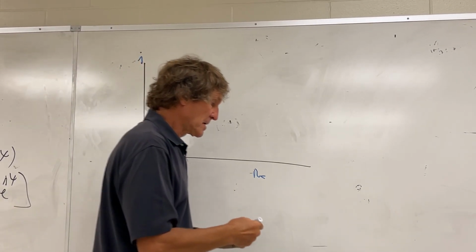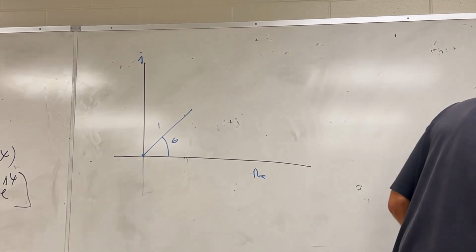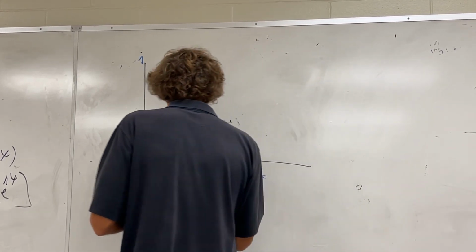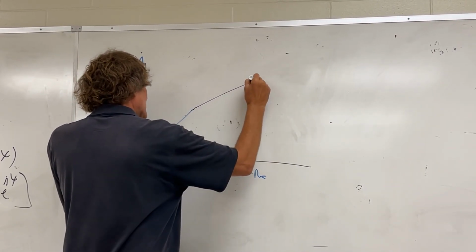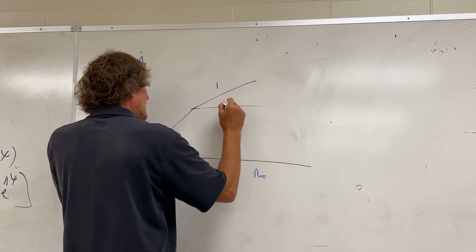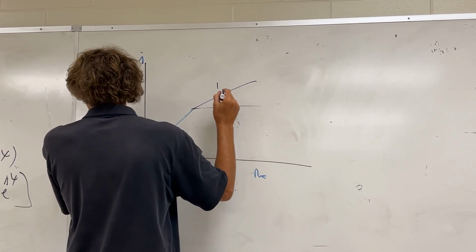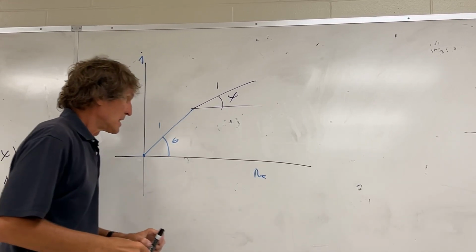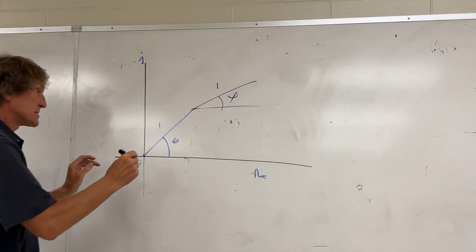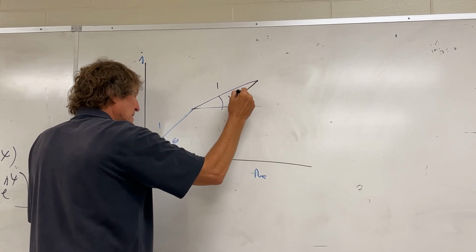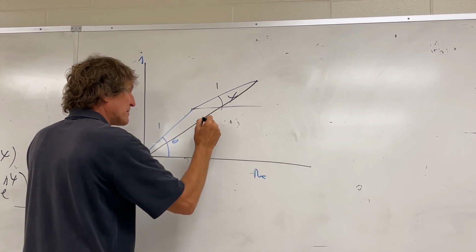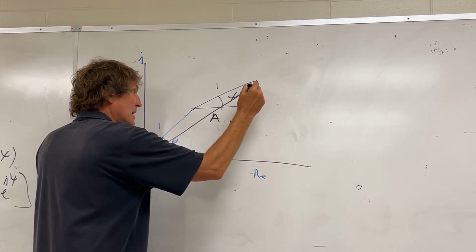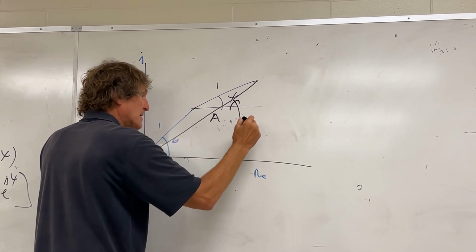Now for the next one, I say this one has a value of 1. Here is going to be the other variable, psi. Finally, I'm going tip to tail on this. I know that this would be the value of A, and this would be the angle gamma.